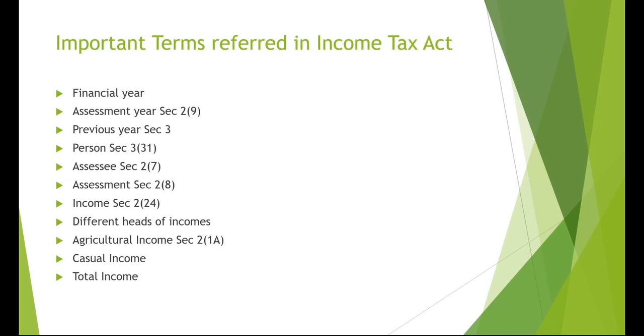Previous year is nothing but the year which precedes the assessment year. In other words, it is the year which comes before the assessment year. Section 3 defines the previous year as the year in which the income is earned. That's why it is also known as the income year.